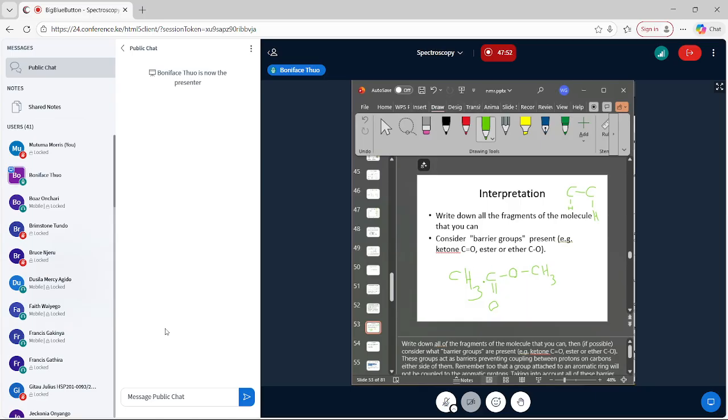So in this case, we have this group here that we are calling a barrier group, which is preventing the coupling of the hydrogens that would normally occur.